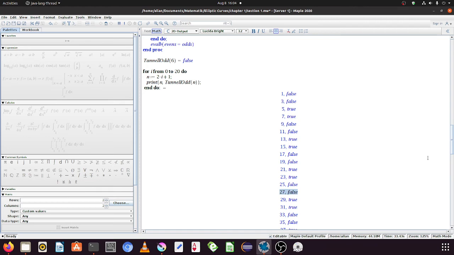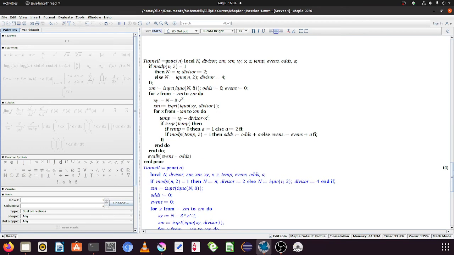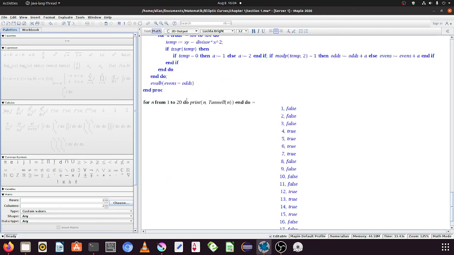Then I went to page 221 and found the condition when n is even. And it was pretty easy to correct the procedure so it handled that as well. And then I can just from 1 to 20 print whether or not.